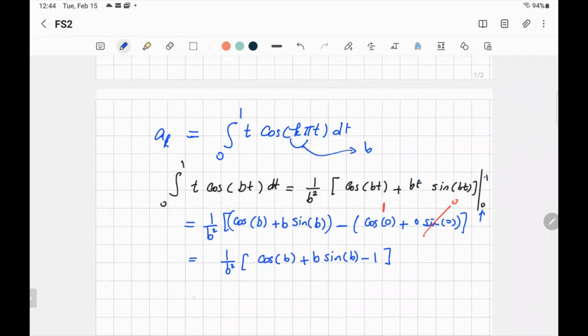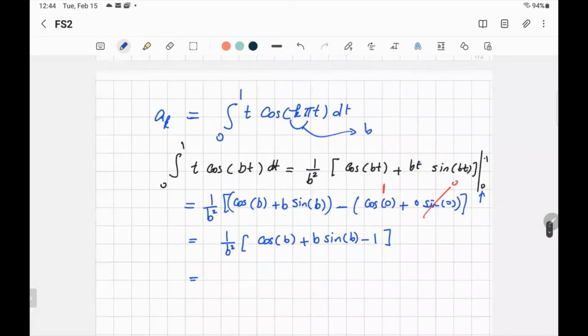So it will be 1 over k pi square, cosine k pi plus k pi sine k pi, minus 1.